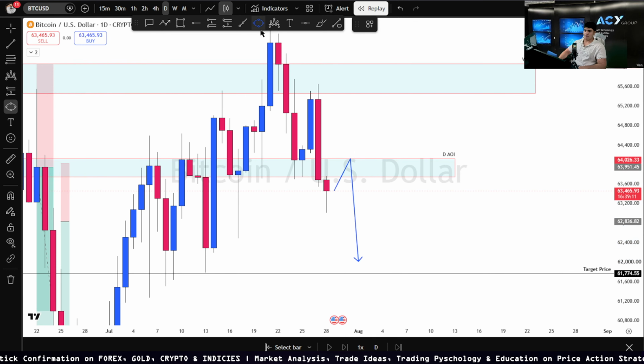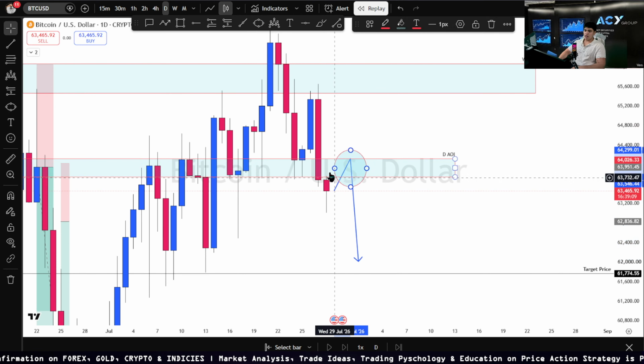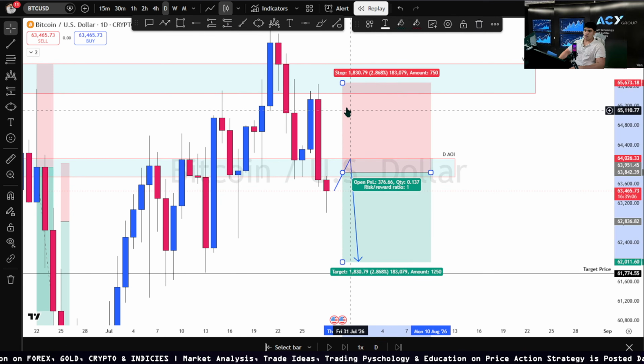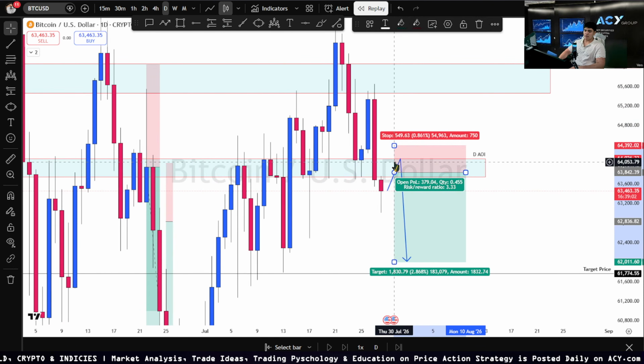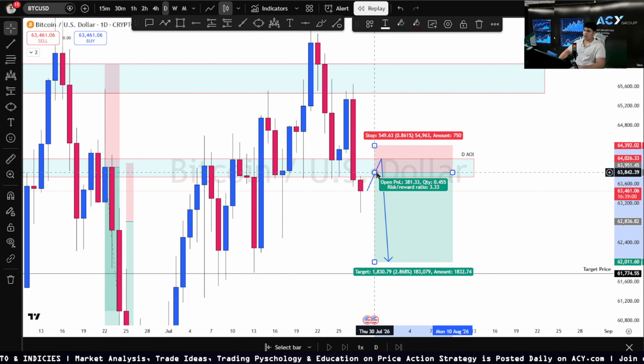Once the market has its retest or retracement, then automatically I will look for my entry signal, putting my stop loss a few pips above to give breathing room, to minimize, not avoid, minimize stop outs or stop hunts or liquidity grabs.